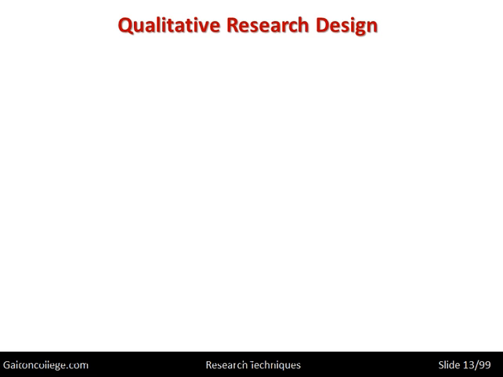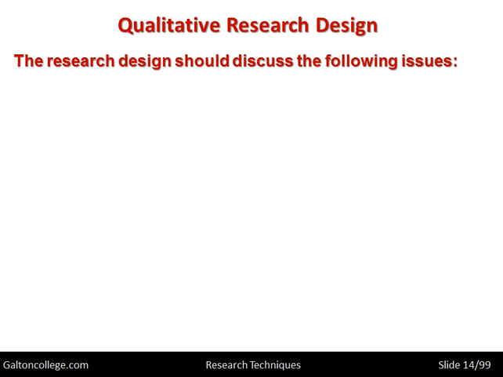Now the qualitative research design. Well, the research design should discuss the following issues. How the sample selection is to be made, or was made. Depends if it's going to happen or if it did happen. So how the sample selection is going to be made. If it's looking at a population and drawing a sample, the sample should be representative of the population.